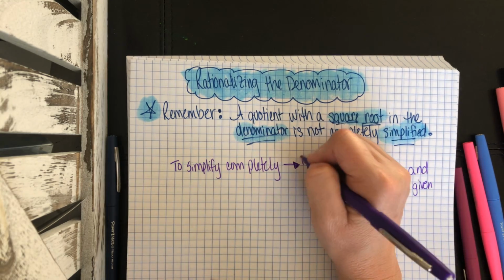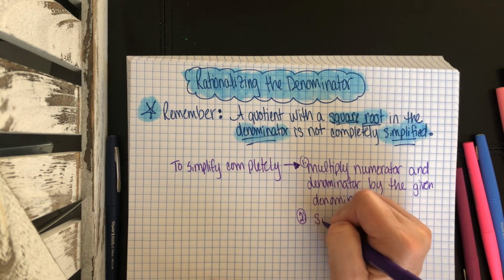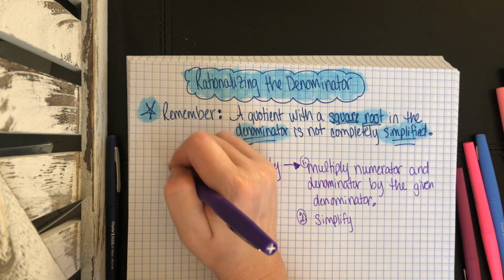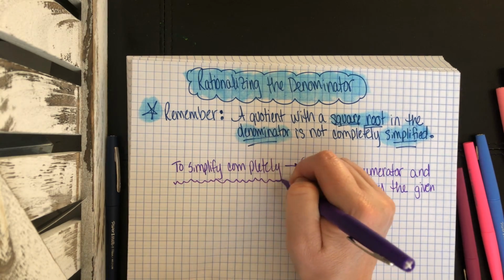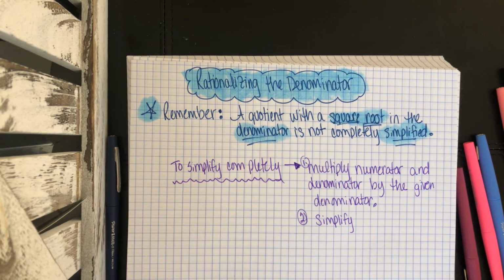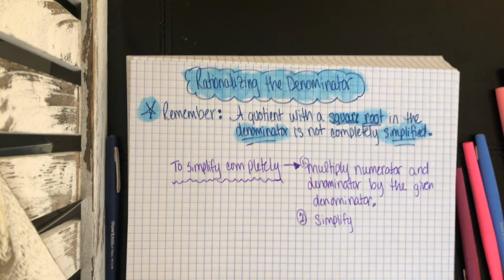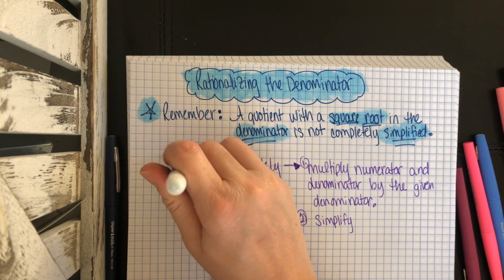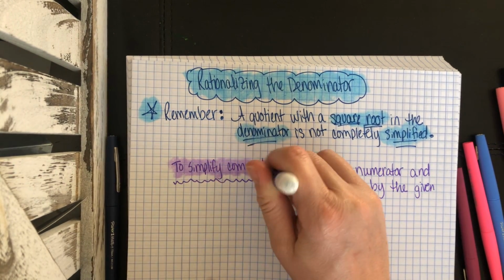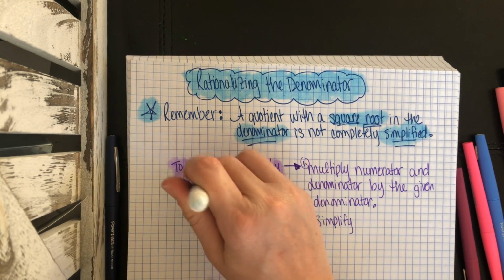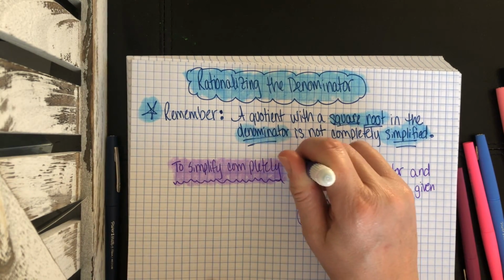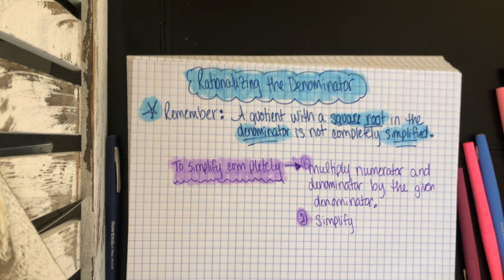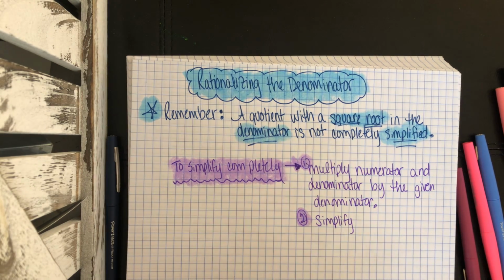And then from there, so that's your first step, and then your second step is to simplify if needed. So 2 steps. So let's take a look at an example.